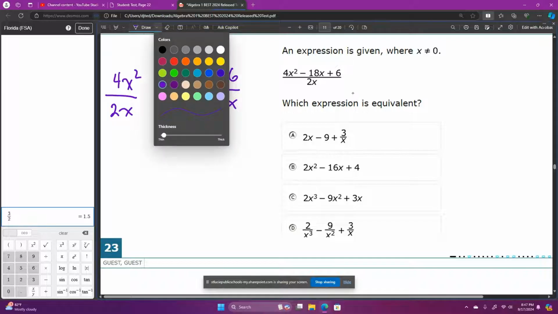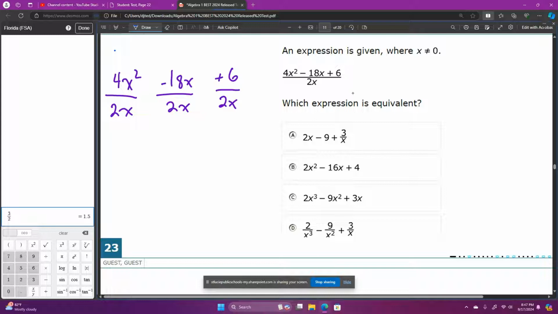Now, what is 4 divided by 2? That's 2. What is x squared divided by x? That's just x. If x times x equals x squared, then x squared divided by x equals x.